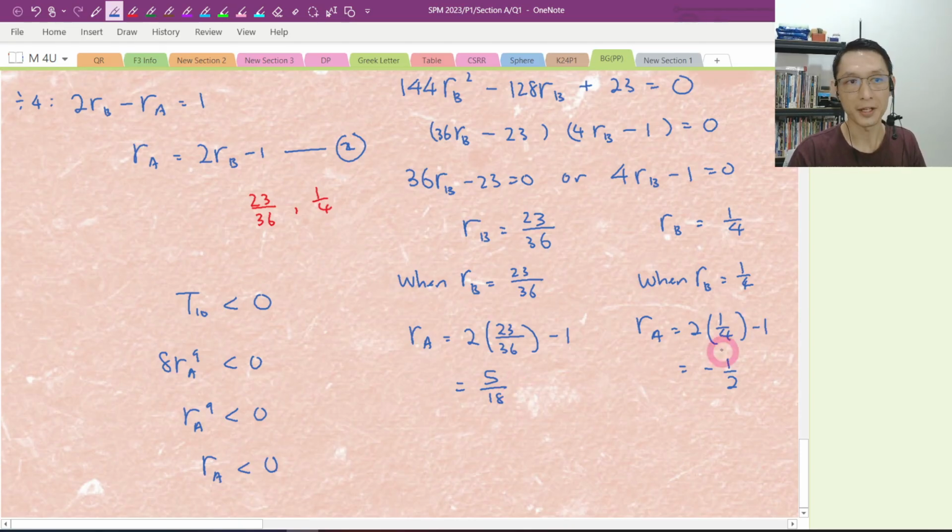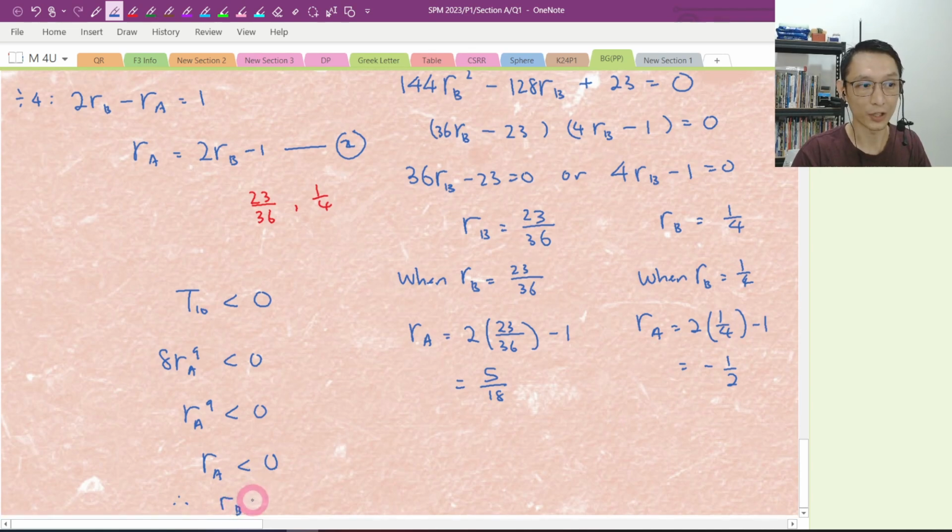So this will be the pair that we are looking for. Therefore, the common ratio for geometric progression B is equal to 1 over 4, and the common ratio of geometric progression A is equal to negative 1 over 2. So these two, we just ignore them, not accepted.